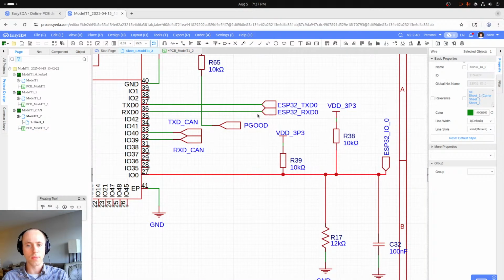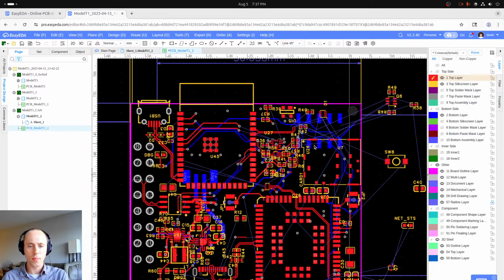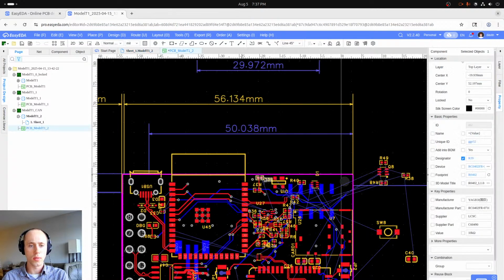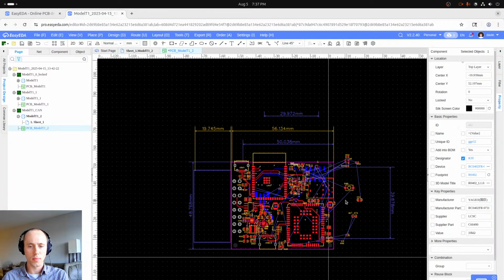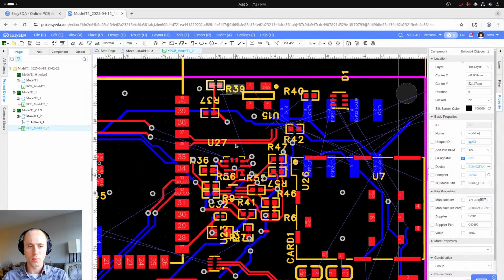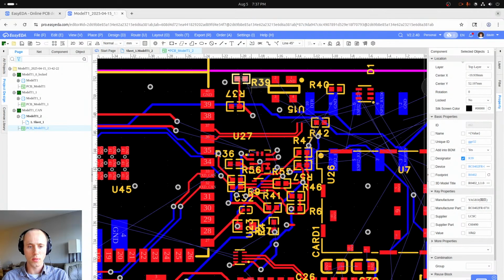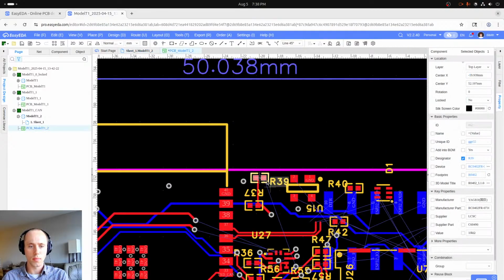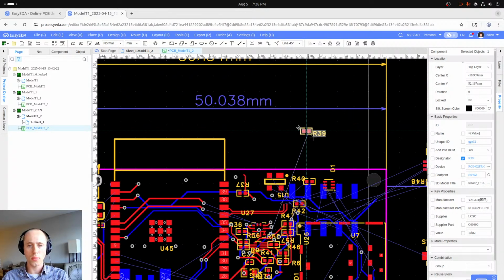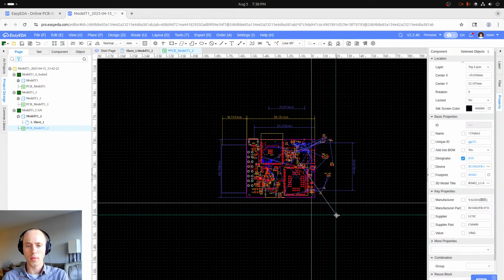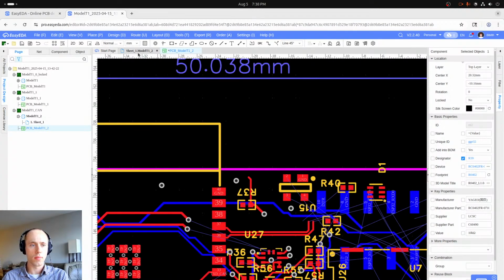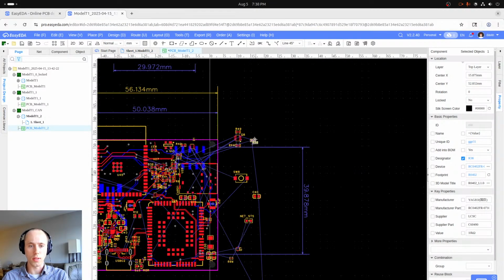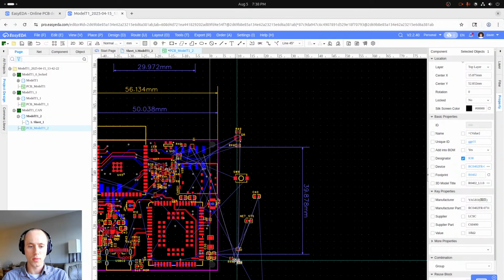This doesn't look right. All right, R39, where are you? Yeah, you are going to be over here, off to the side. R38, same thing. We don't know what you're up to.